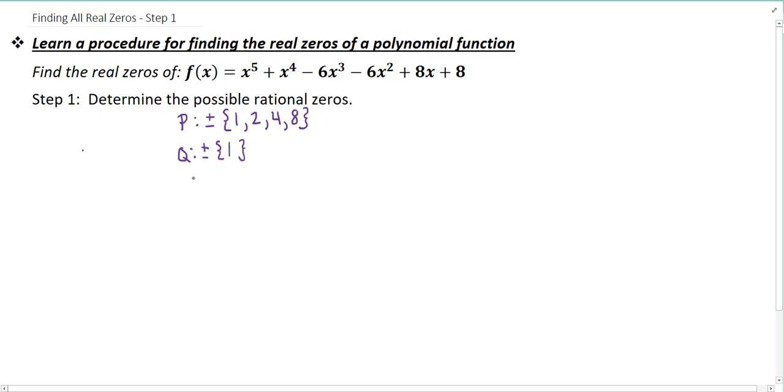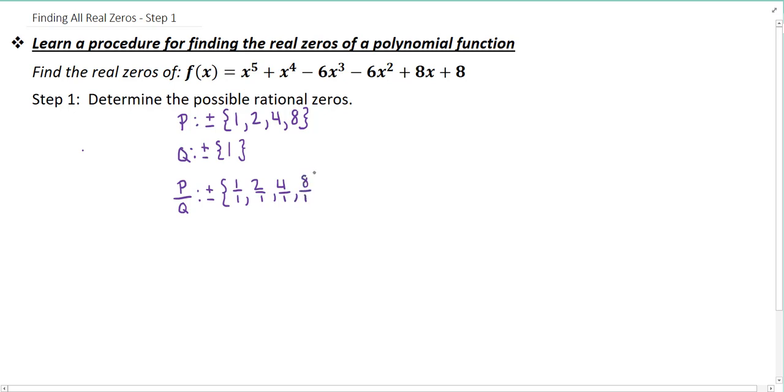So then what we would do is take all our p's and divide them by all our q's. Again, we'll get positive and negative, and that'll always be the case. You only have one q, so it's just take 1 and put it over 1, 2 over 1, 4 over 1, and 8 over 1.